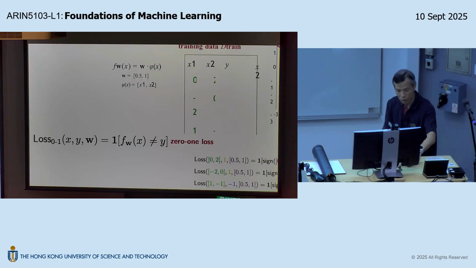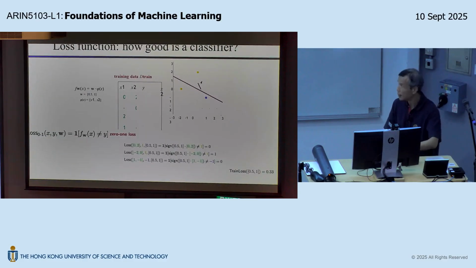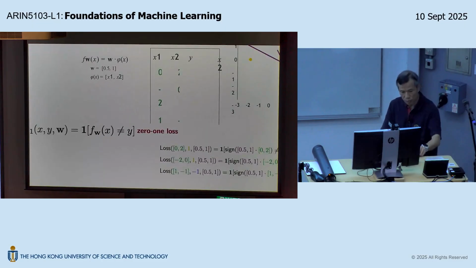If you are correct, then the loss is 0. If you are not correct, then the loss is 1. Essentially, by looking at the whole training set, that will be the total number of mistakes that you make. Obviously, we want to find the W such that the total number of mistakes is the smallest, or ideally equal to 0.